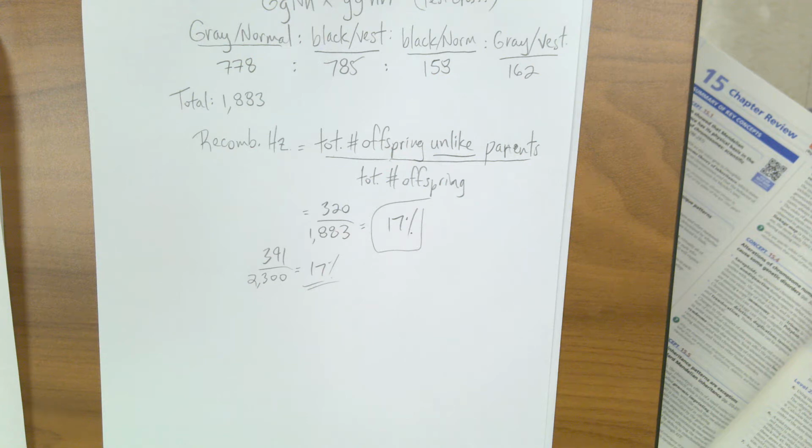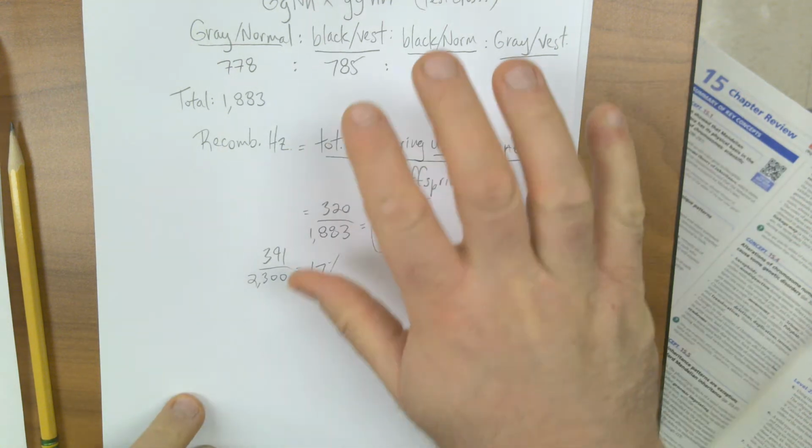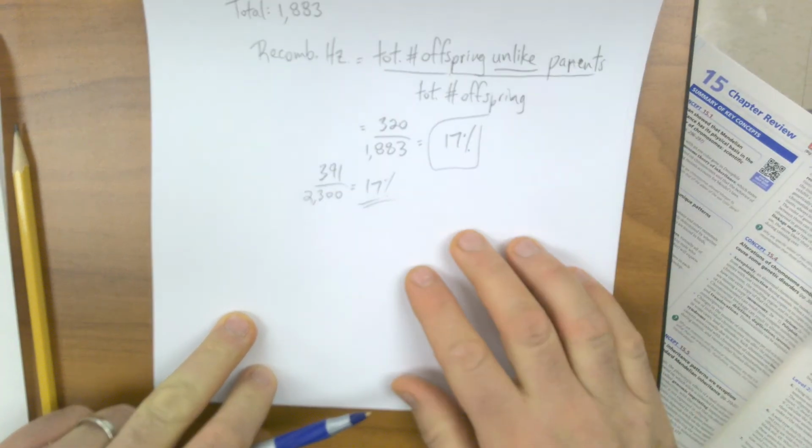Okay, so let's see if we can, excuse me for just a moment. I just realized it'd be helpful to draw something to help us visualize what's going on with this stuff.